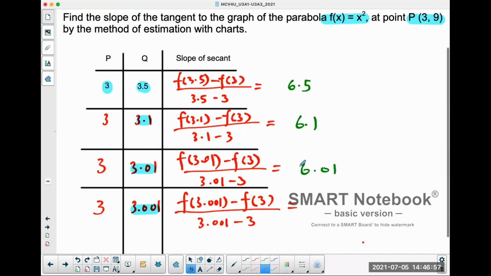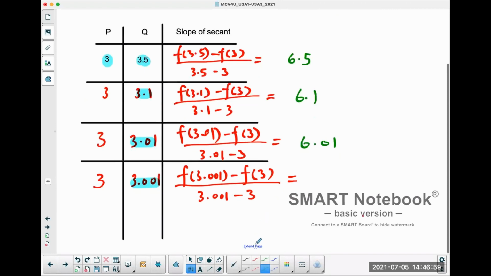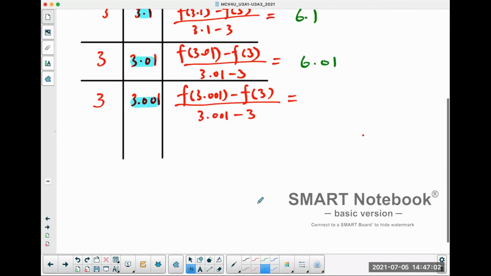Right, one more, 3.001. I'm getting really close now. And I get 6.001.